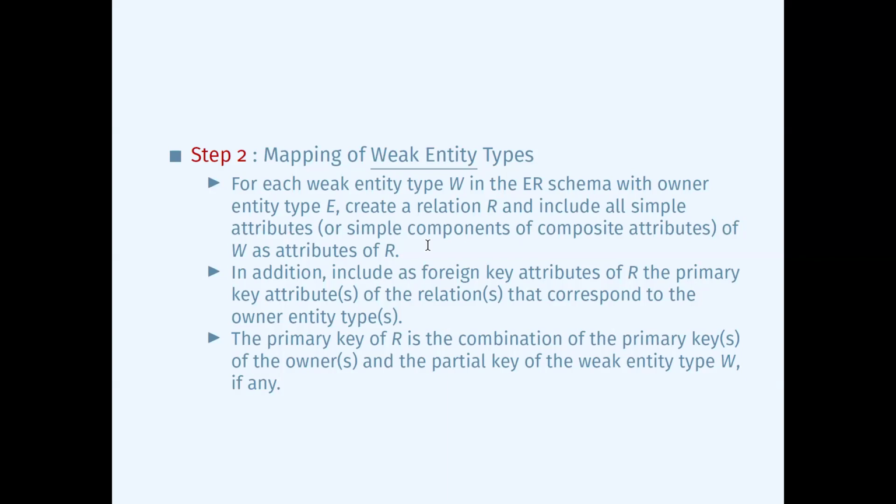The primary key of R is the combination of the primary keys of the owners and the partial key of the weak entity type W, if any. Simply put, even for a weak entity type, you have to create a relation.